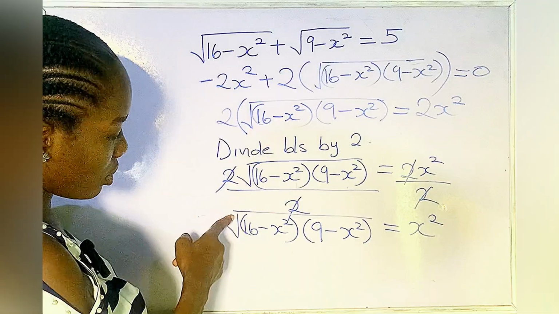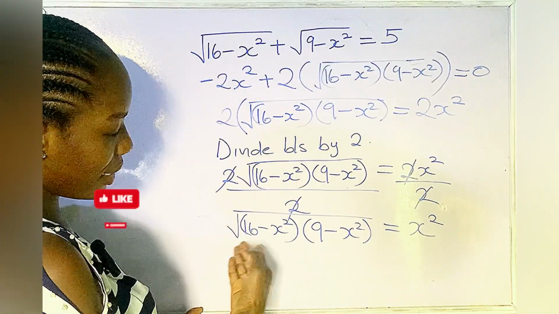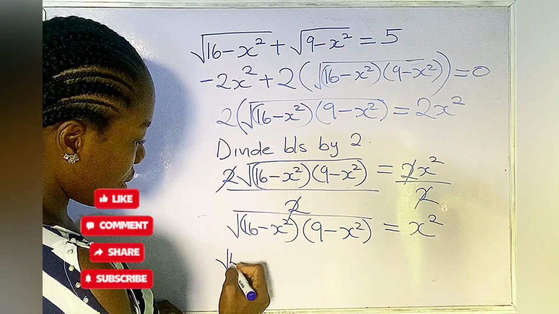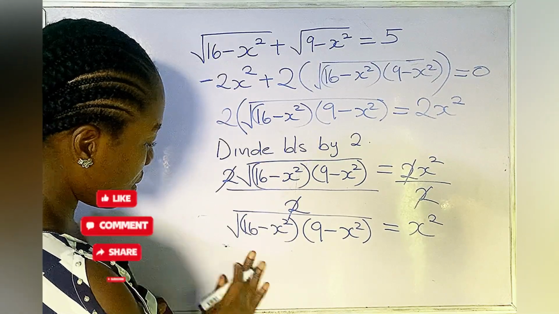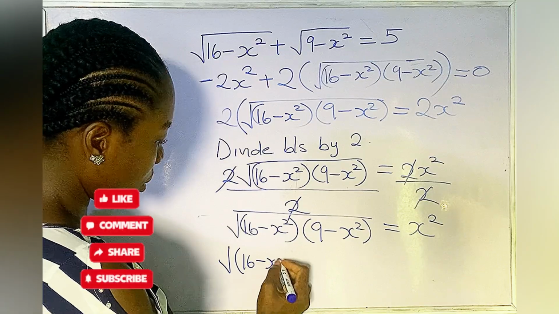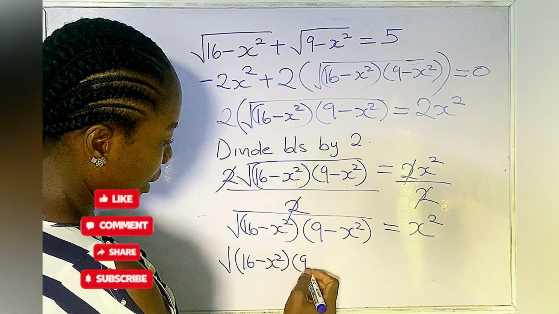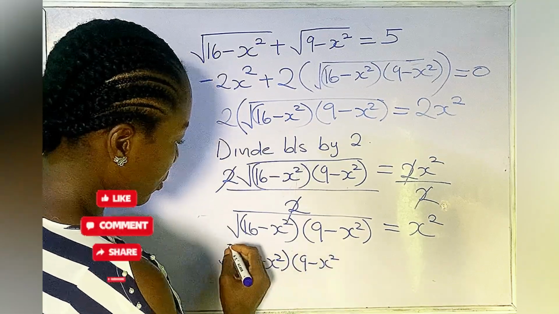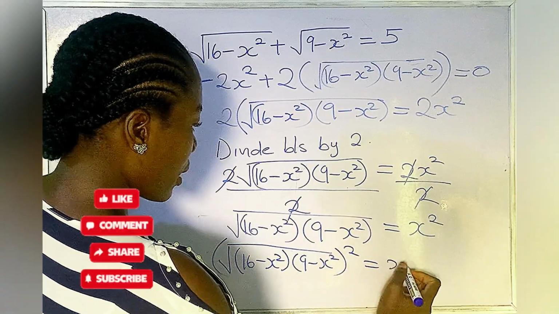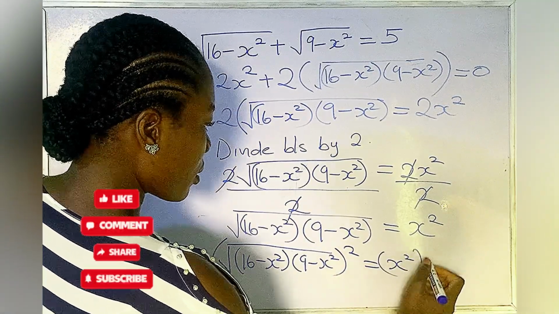To eliminate this square root, you can do what? Take the square of both sides. So when we do that, we'll have root of (16 minus x squared)(9 minus x squared), squared, is equal to x squared, squared.